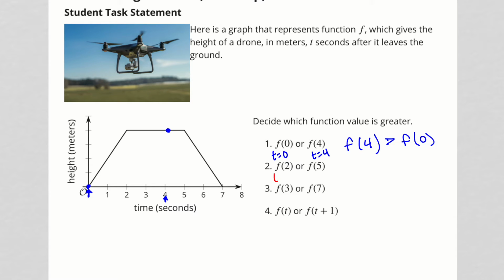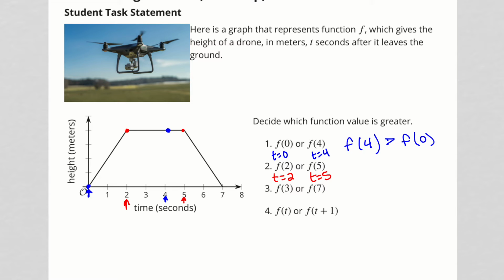Okay, then I'm going to switch colors here. We're going to do t equals 2 and t equals 5. At t equals 2, we have this height in meters. Then we can look at t equals 5, and we can see that we have this amount.